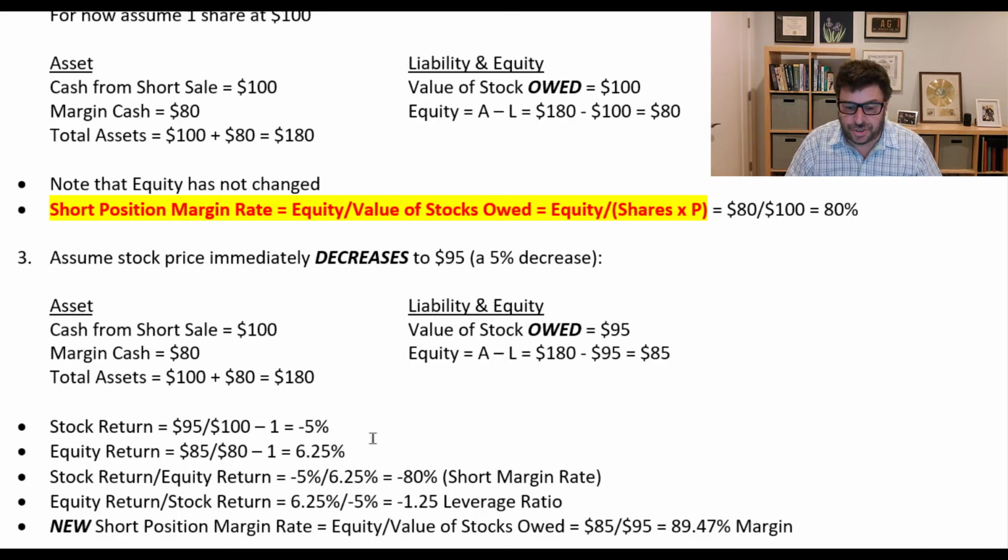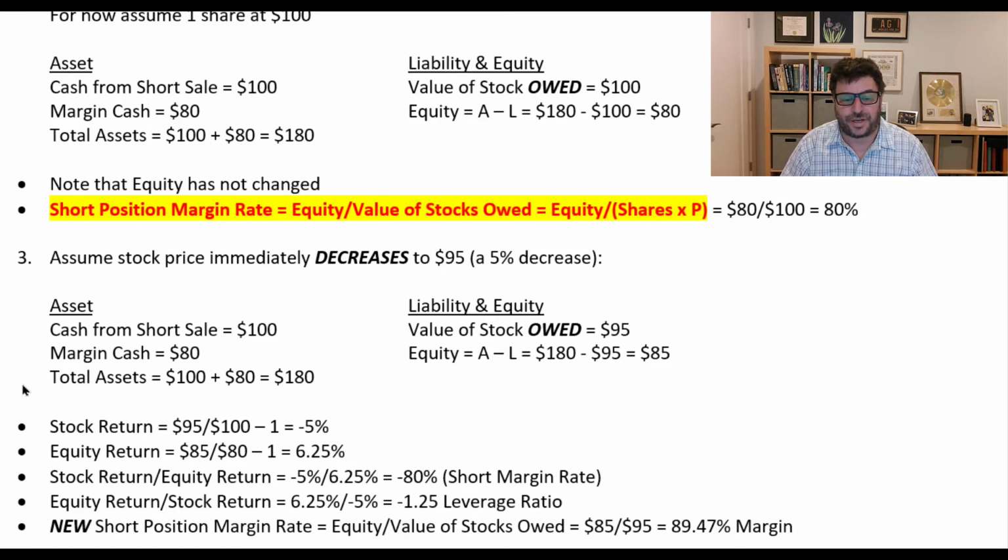My leverage ratio is the inverse of that. 6.25 divided by 5 is a negative 125, and I have negative leverage because I'm short. And the new short margin is the new equity value of 85 divided by the value of the stocks owed, which is 95, and my margin has gone from 80% to 89.47%.